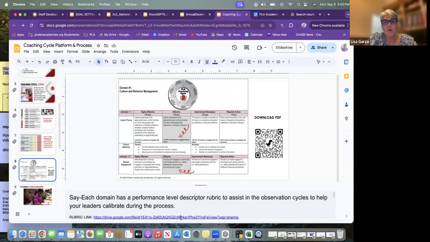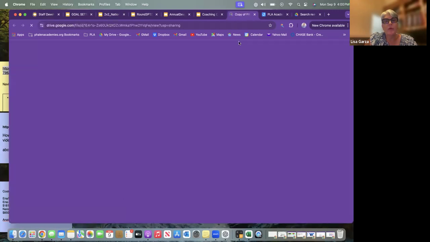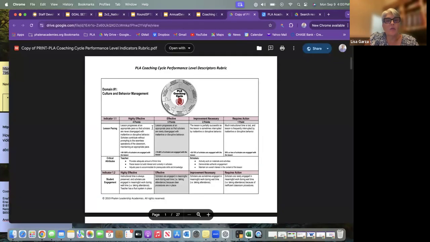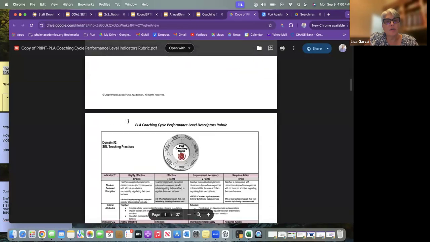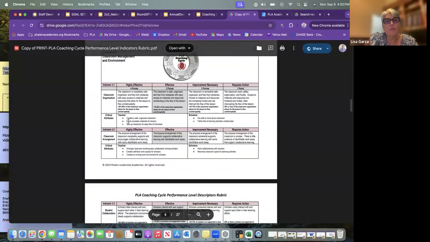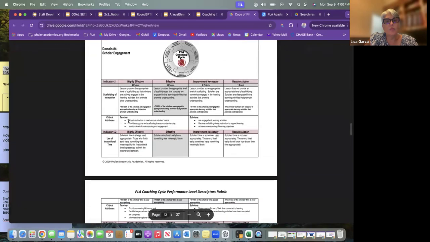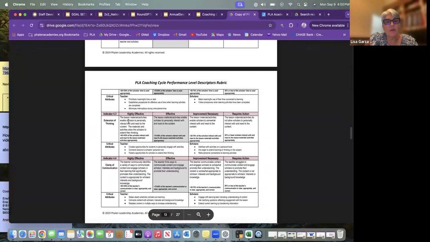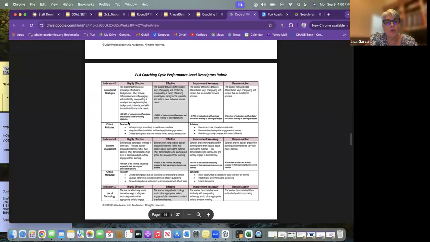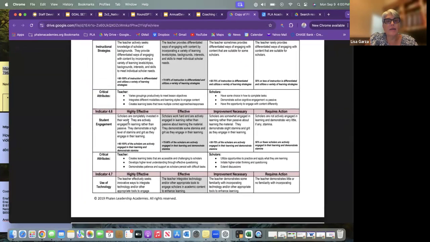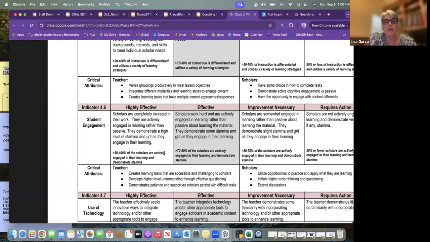All right. So we're going to look at the rubric so that way you can get an idea of what that looks like. So if we go to domain 4, for student engagement, that is right here in indicator 4.6.